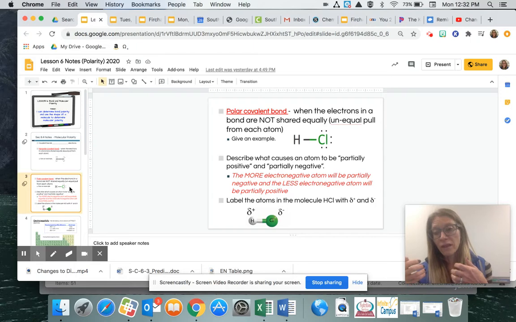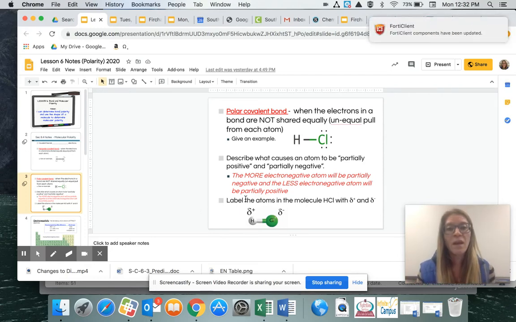Chlorine is pulling in the other direction with a different amount of strength. So because hydrogen and chlorine are different, their pulls are going to be different. And when you have different pull, then you have a polar molecule. So polar means that one side of the tug of war would win because the molecules are not pulling equally.